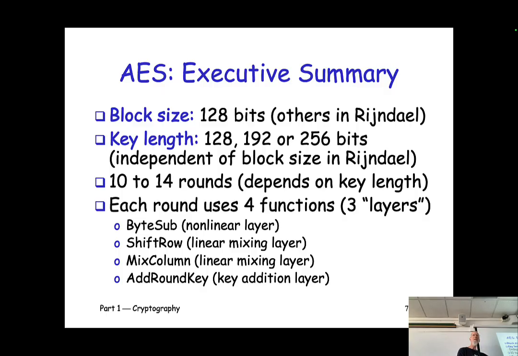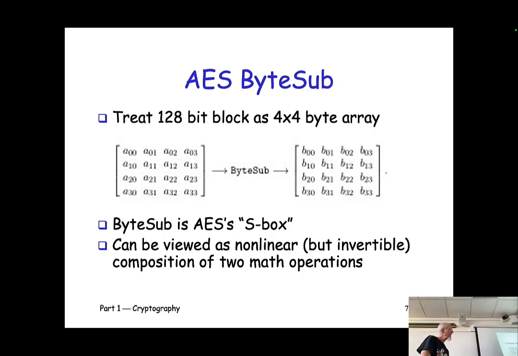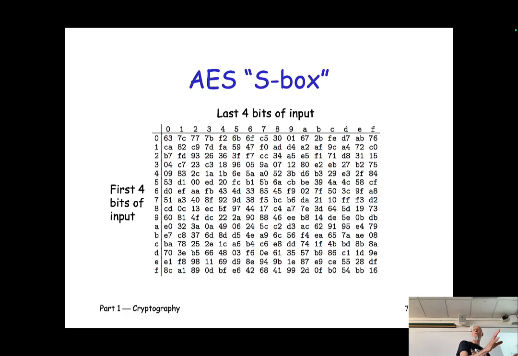They correspond to things in DES. Okay, there's nonlinear part here that corresponds to the S boxes in DES. There's a couple linear things here. Those correspond to the permutations that we saw in DES, kind of shuffle things around. And that's sort of the diffusion aspect, right? We're spreading the statistics around. And so just a picture here. These are sort of comparable to the S boxes, but they get implemented as a big lookup table.